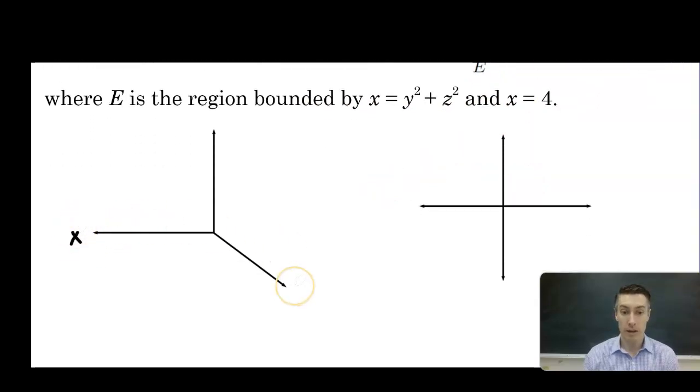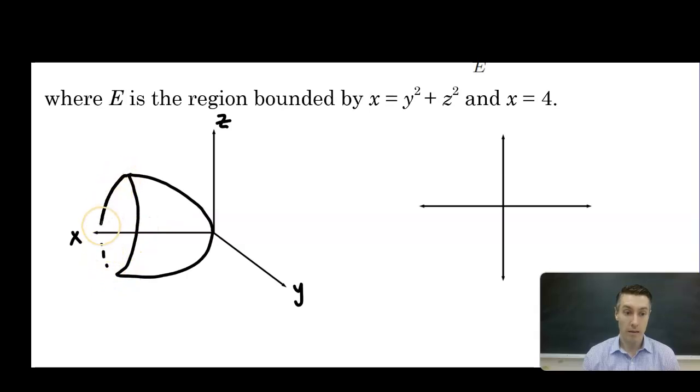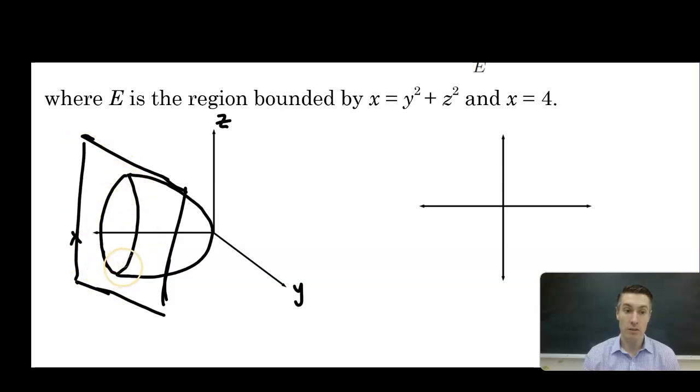So labeling our axes, x, y, z. The elliptic paraboloid x equals y squared plus z squared is going to go around the x-axis. It's going to go out like this. And then we're going to cut it with the plane x equals 4. So essentially we'd have a plane, and they would intersect in that circle.